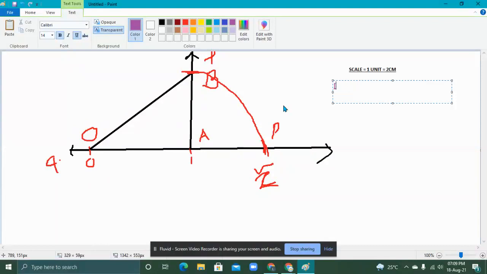So it's very hard. So I will show you an easy method. Wait a minute. Okay, let's change it to black.